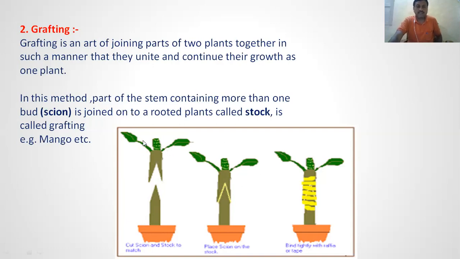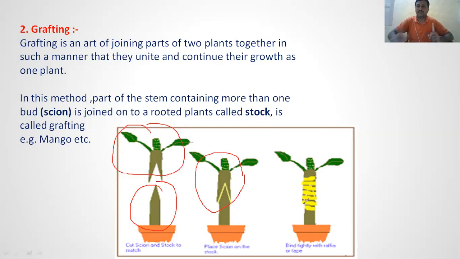The upper portion is called the scion, and the rooted lower portion of the plant is called the stock. The scion is inserted into the stock like this and develops a new variety of plant.